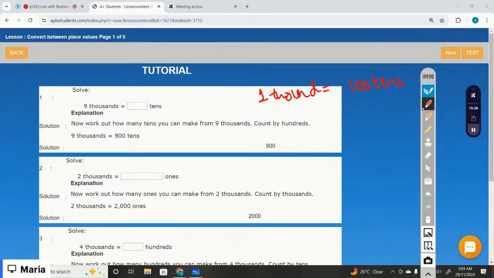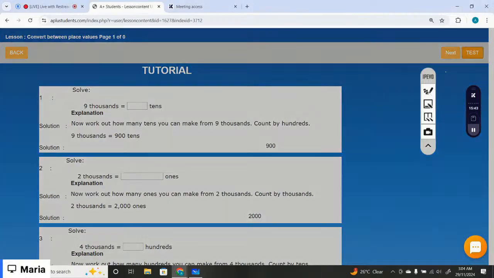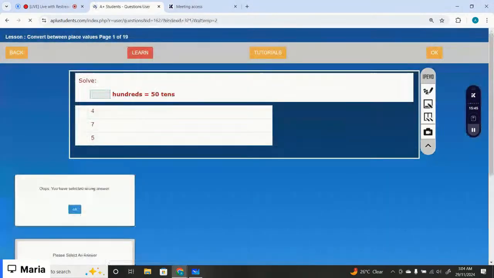So 2,000 equals 2,000 ones. The correct option is 2,000s. Let's just start with the test questions.